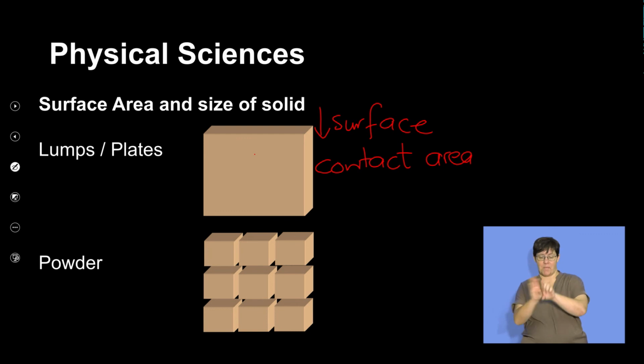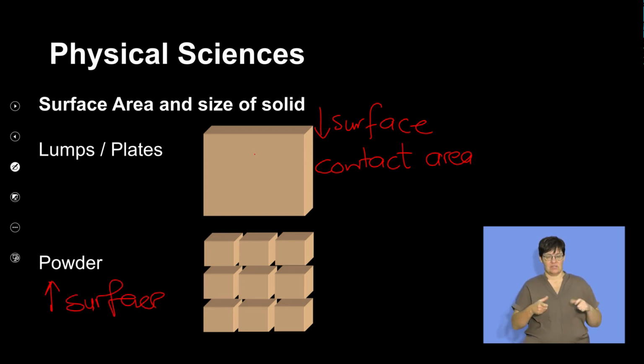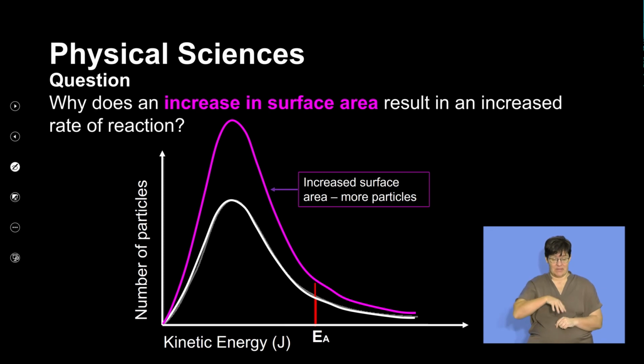So when we look at a powder, there's more contact area, so for a powder we have a larger surface area. When we look at our Maxwell-Boltzmann graph, we will see the normal graph. Because the surface area has increased, we have more particles interacting on the bigger surface area.